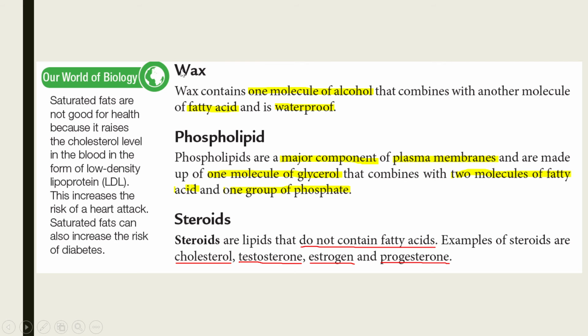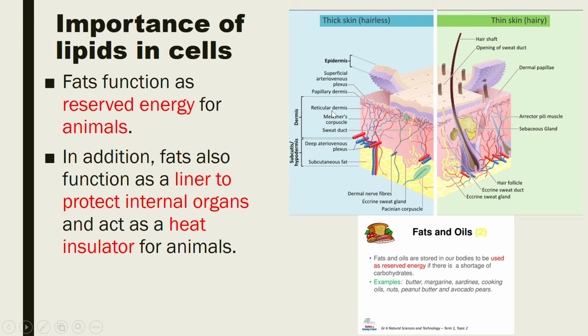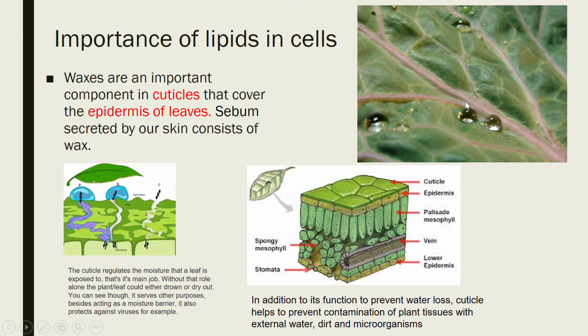You see, wax is waterproof. So from the picture here, you can see if water droplets drop onto the surface of the leaf, what are you going to see? It is very important to regulate the moisture that the leaf is exposed to.